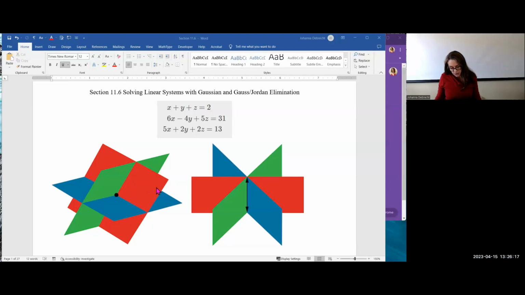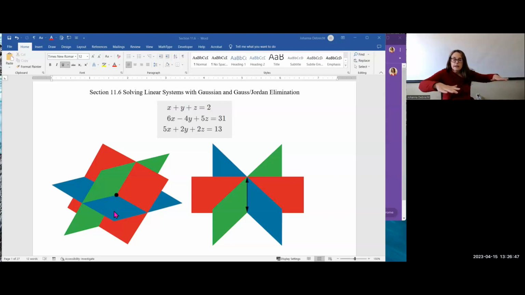So let's visualize, if you can, in your room, locate a corner of the room. Back up so that you can be this black dot here and put your back in the corner of the room. Then you have one wall on your right arm and another wall on your left arm, and you're standing on the floor. So those two walls that you're next to form two of the planes, and the floor forms a third plane.